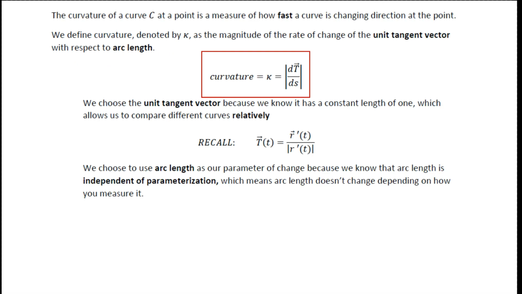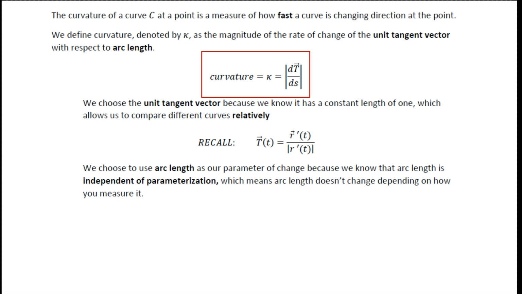Now, curvature itself is going to be the measure of basically how curvy our curve is, which is a measure of how fast the curve is changing directions at a particular point. So we define curvature, which is denoted by kappa. I know it looks like a K, but it is technically the Greek letter kappa. And that kappa is going to be the magnitude of the rate of change of our unit tangent vector with respect to arc length.